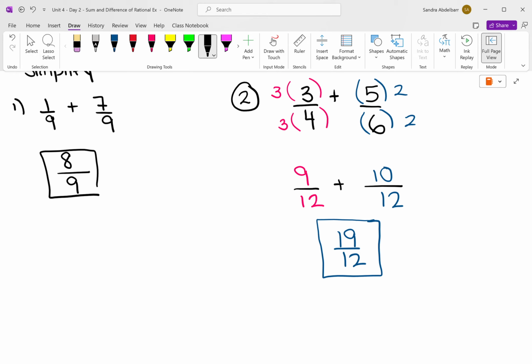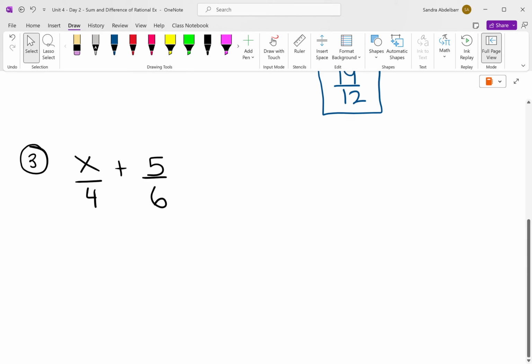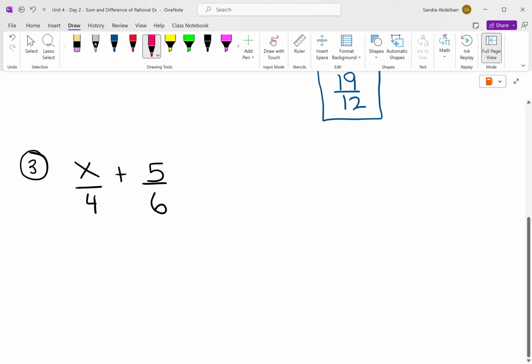All right, the directions are still to simplify. And here we're going to have x over 4 plus 5 over 6. Again, we're adding fractions. In order to add fractions, we need to create a common denominator. So our common denominator is 12 once again.